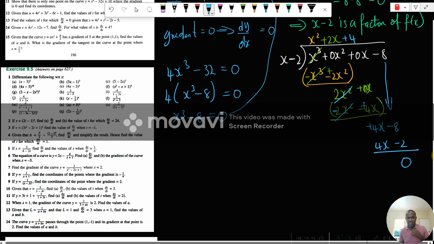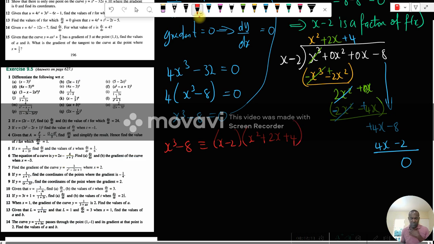So what this implies is that x cubed minus 8 is equivalent to x minus 2 times x squared plus 2x plus 4, right?